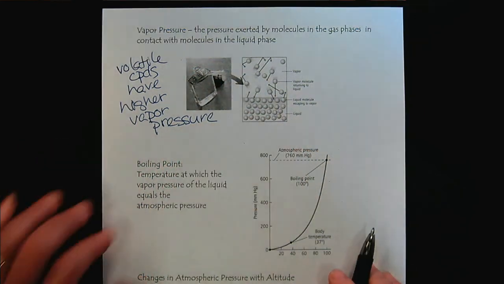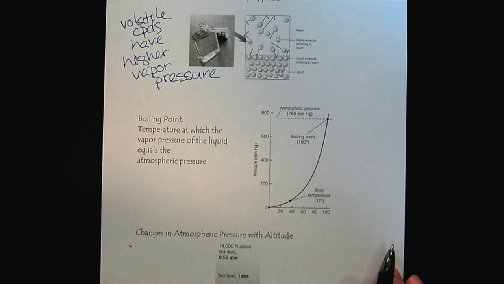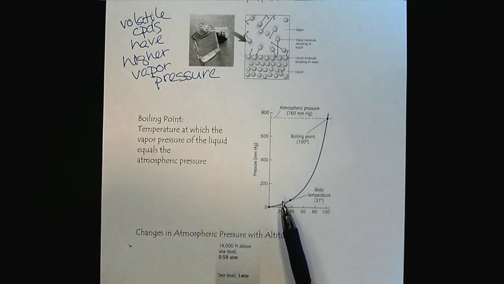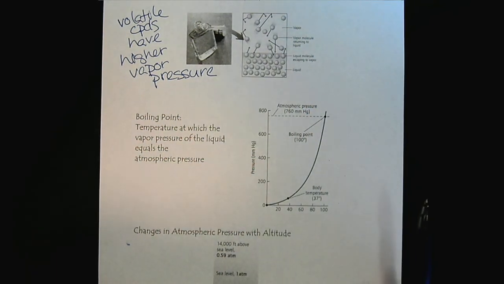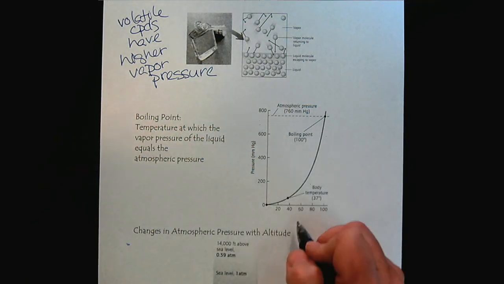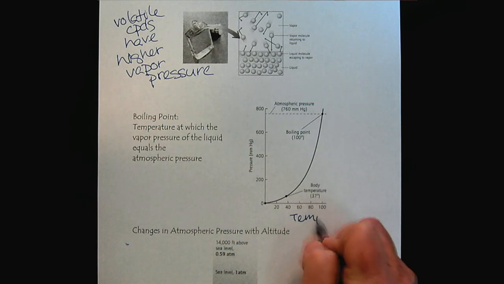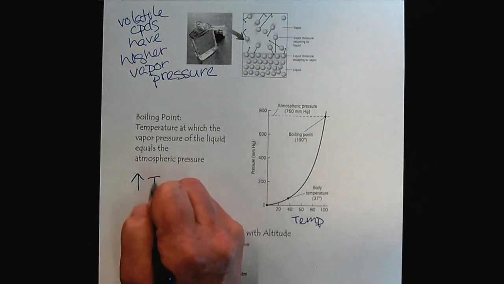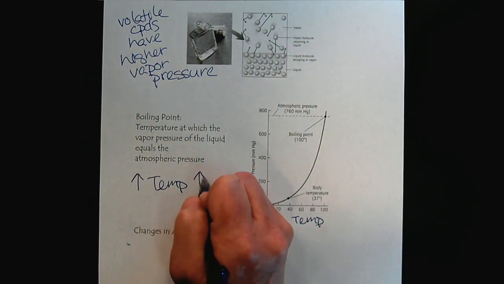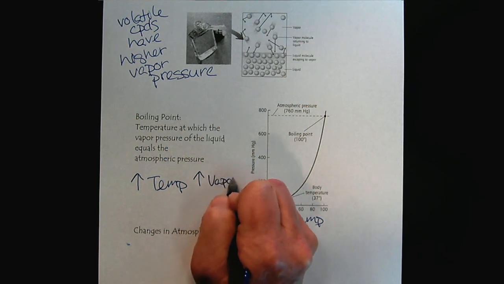And that will become important if you're curious about the relationship between vapor pressure and intermolecular forces and boiling points. We do have a video tutorial to help you with that. And the main point of this page here is to see that as we increase the temperature, we increase the vapor pressure.